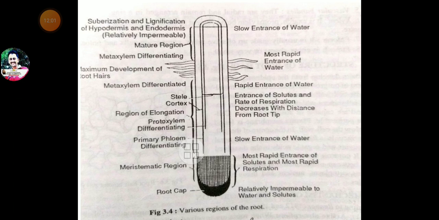Now friends, after that we have to get an idea about absorption of water, the mechanism of absorption, all sorts of things we have to learn. But before that, you should have an idea which specific region of the root absorbs the water or absorbs the solute minerals.